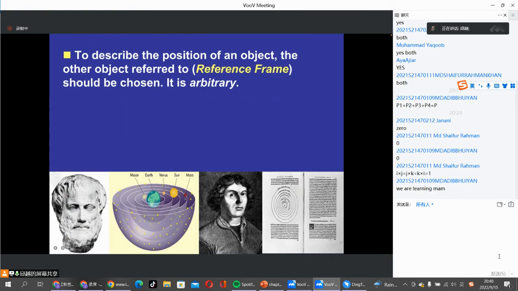In order to describe the position of an object, the other objects referred to should be chosen, and we call it reference frame. The reference frame, or we can also say frame of reference, is arbitrary.